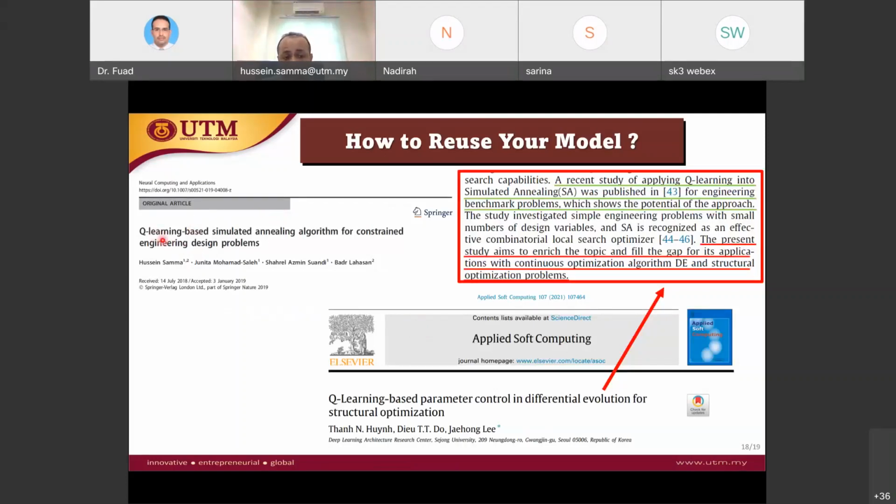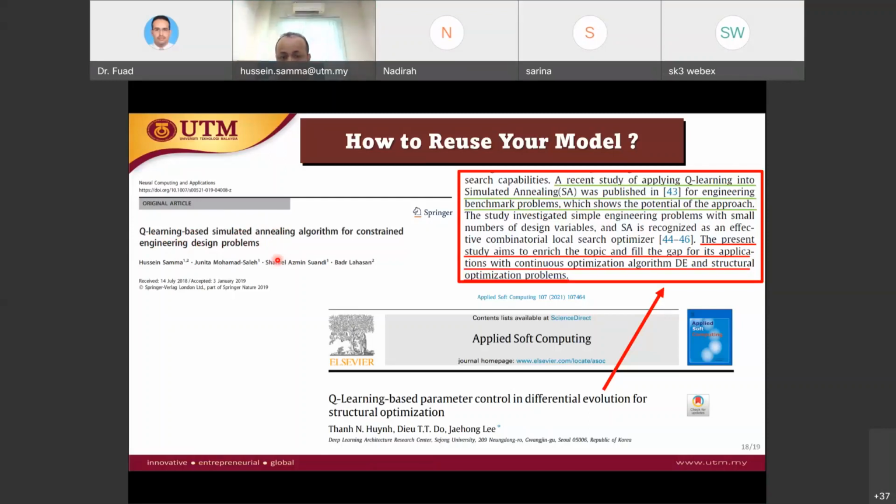We are trying to apply the same technique, the Q-learning technique or reinforcement learning technique, to the problem of simulated annealing. So you can see here, it's our idea. We apply it again as an idea. This technique will be incorporated in different models to improve them.